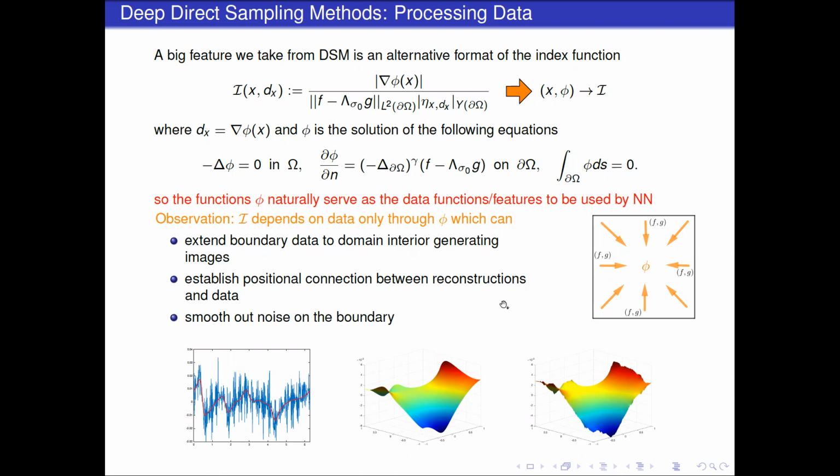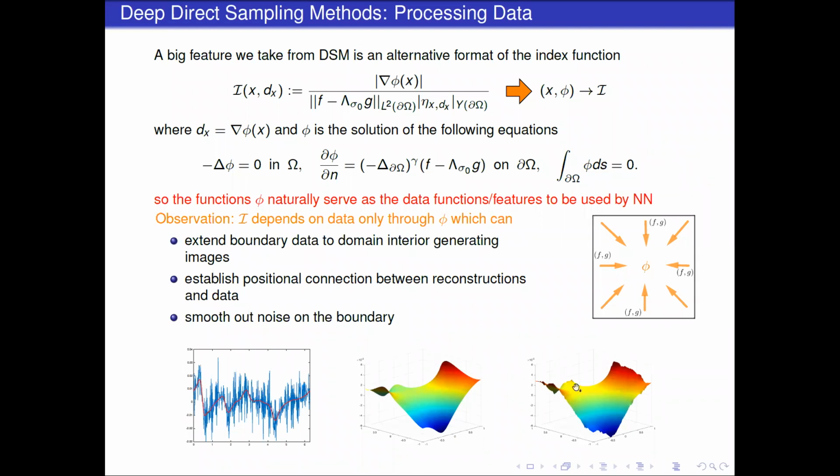Another very nice thing about the data function phi is that it can smooth out the noise on the boundary. For example, the red curve is the exact data, and the blue one is the noisy data.